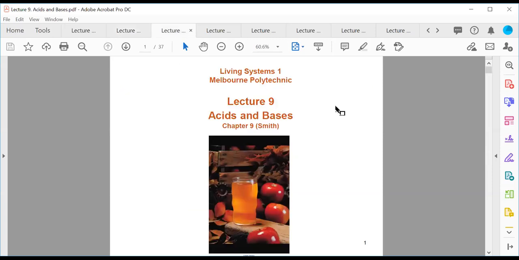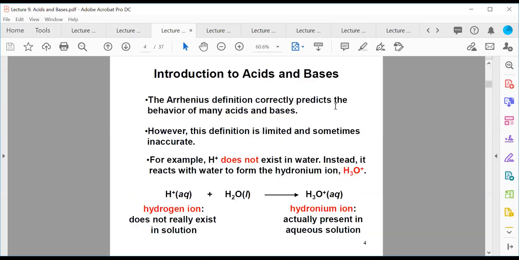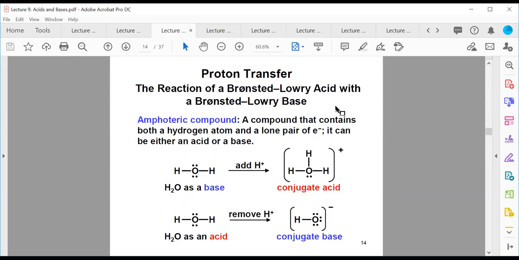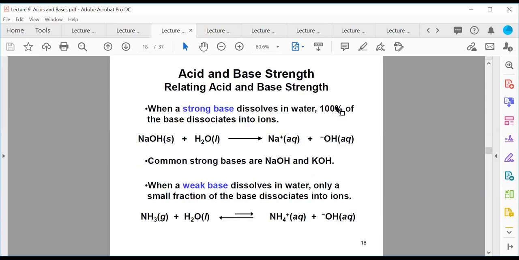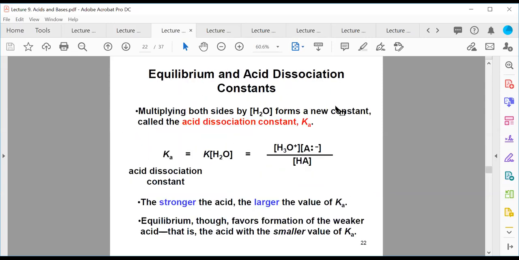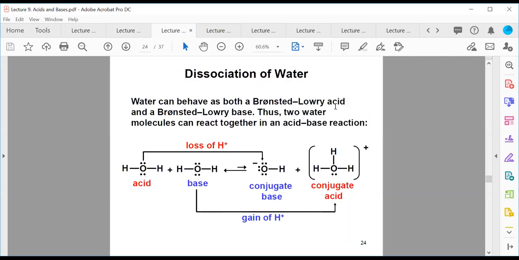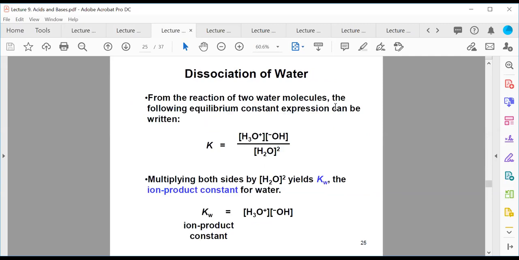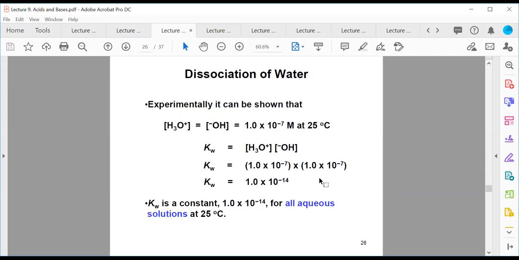All right, next lecture, acids and bases. We've got a couple of formulas and many concepts, but I'm just pointing out the formulas mostly from the lectures. The ion product constant. This is a good one to have handy.